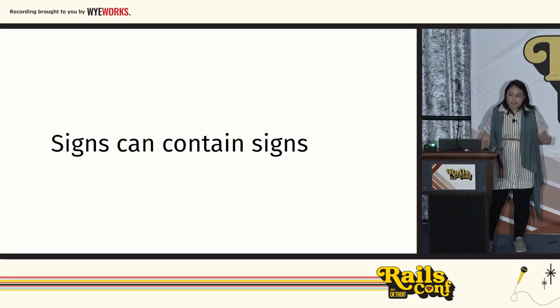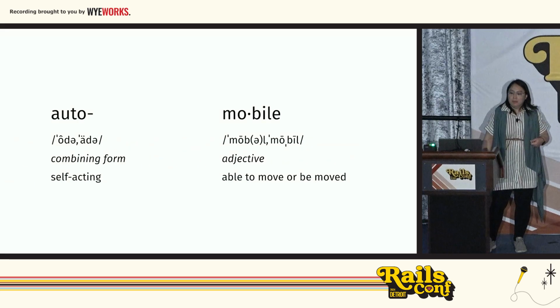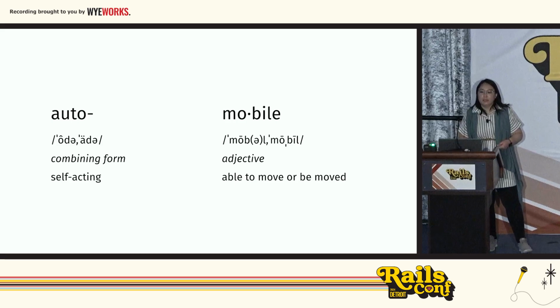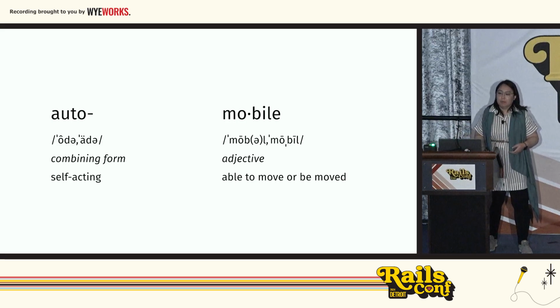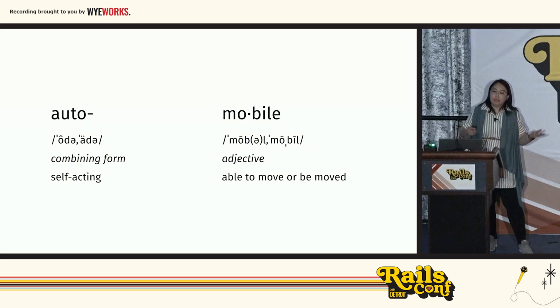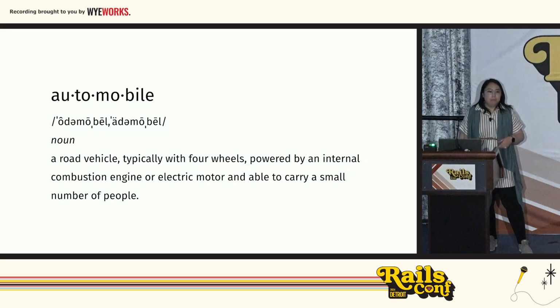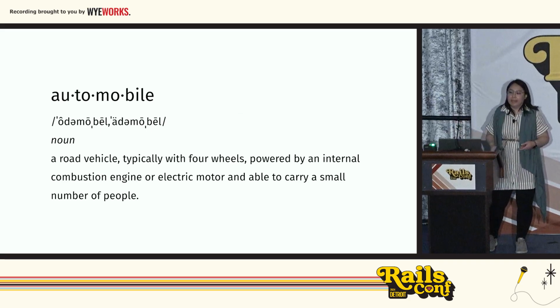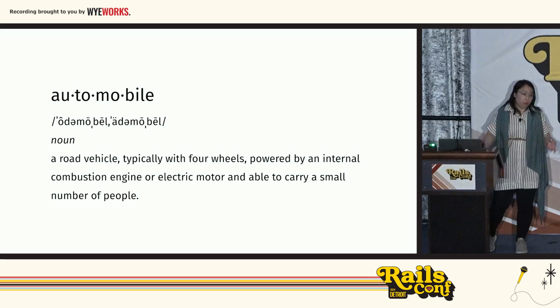Signs can contain signs. Another example of this are compound words in English. Automobile, taken literally, the words auto and mobile translate into self-moving. But we also know the automobile as a vehicle with four wheels.